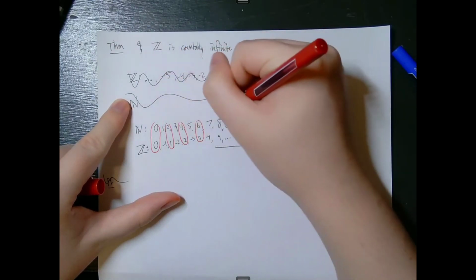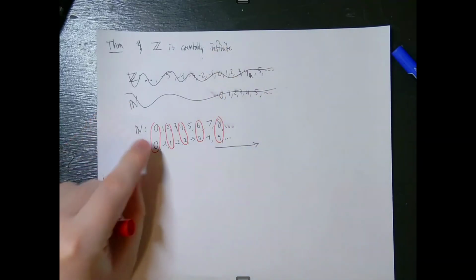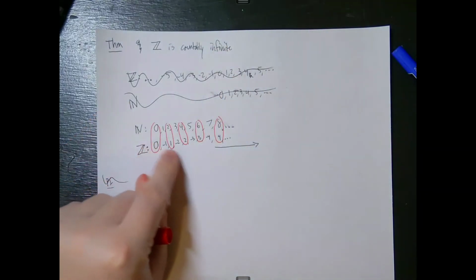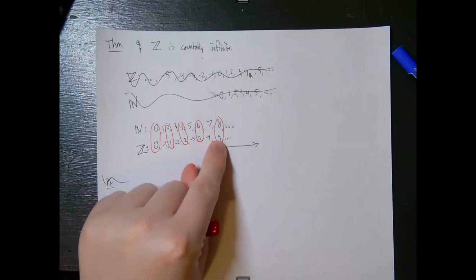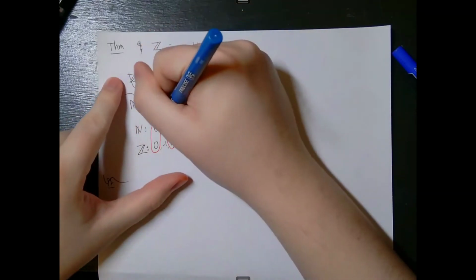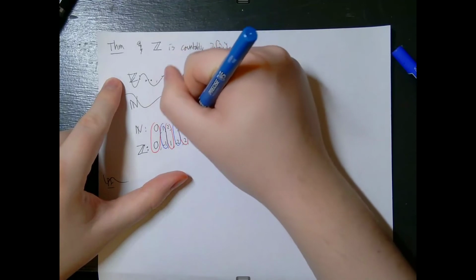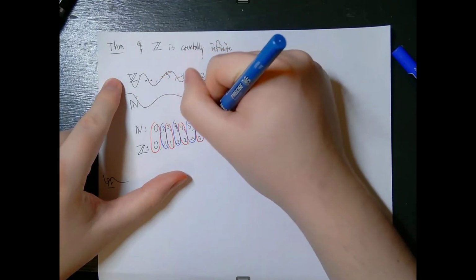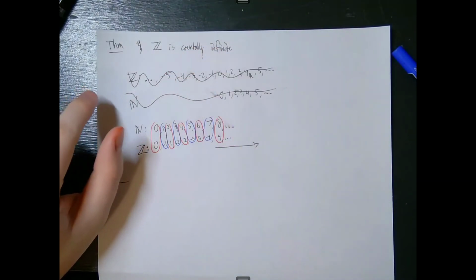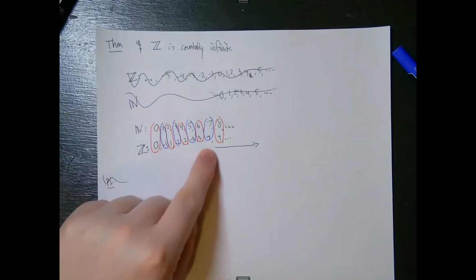So I'm circling all the even natural numbers and also all of the positive integers in one red circle like this. And I'm going to circle all of the odd natural numbers and the negative integers in blue, like so.